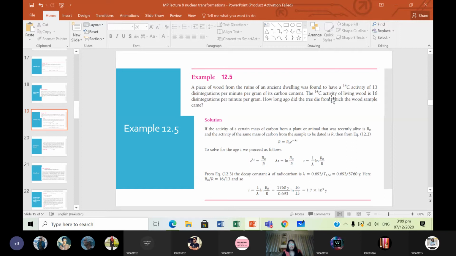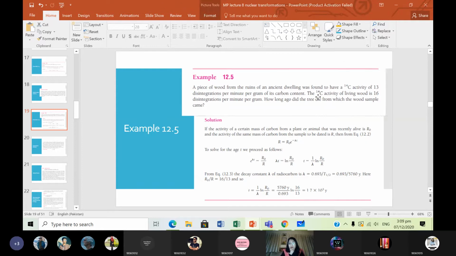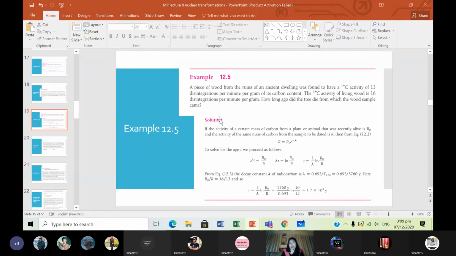Okay? So basically we're asking, how long ago did the tree die from which the wood sample came? This tree sample, this wood from the ruins, died a long time ago, and we want to figure out how long ago that tree died. Okay?